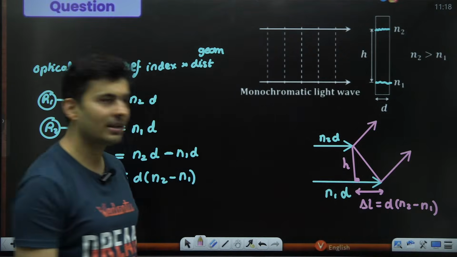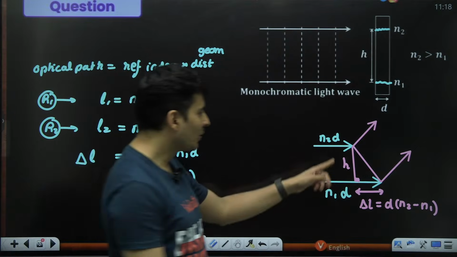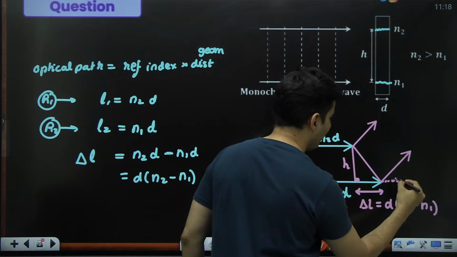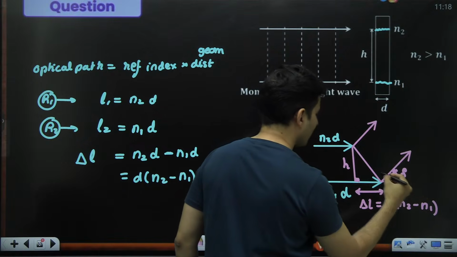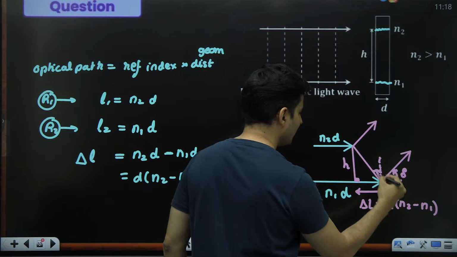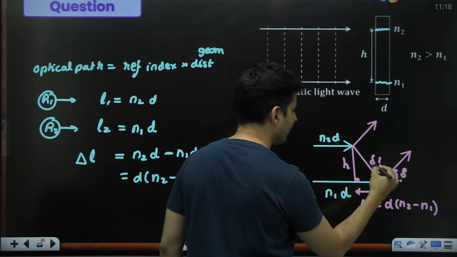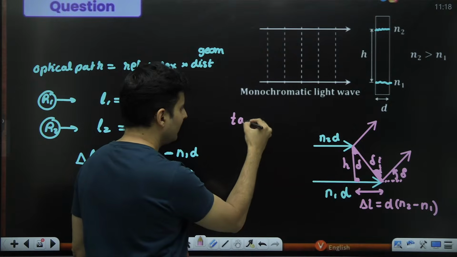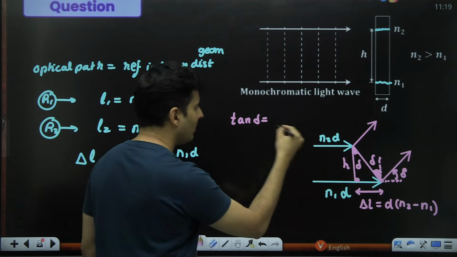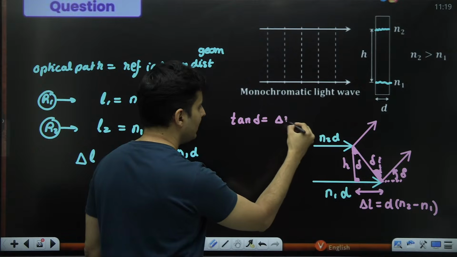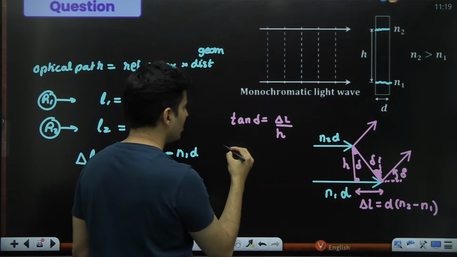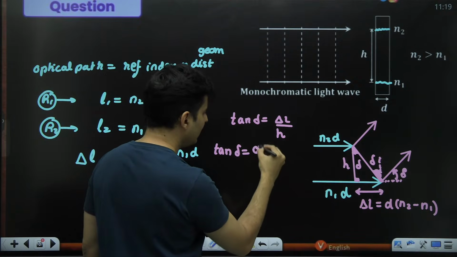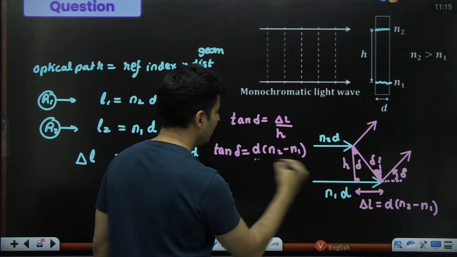So if you want to find how much it has deflected by, if that is delta, obviously even this angle over here is delta. Now you can just take tan of delta is opposite side by adjacent, which is delta L divided by h. So therefore, tan of delta is nothing but d times n2 minus n1 divided by h.